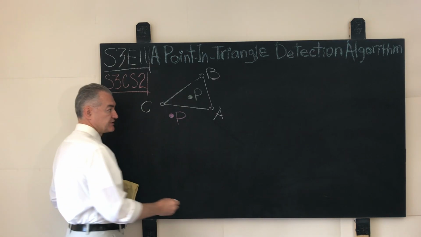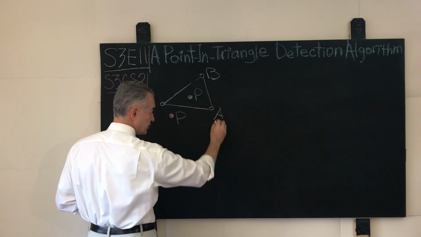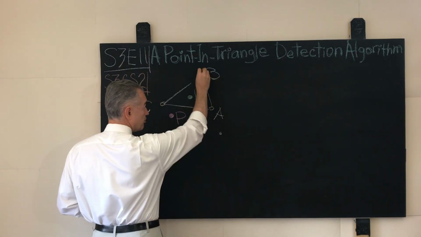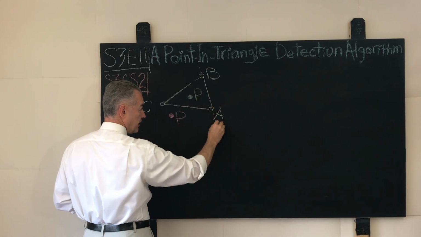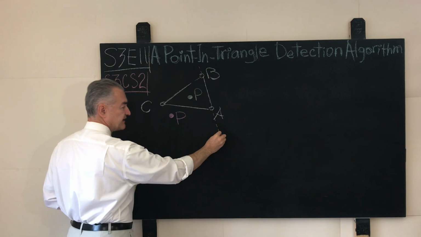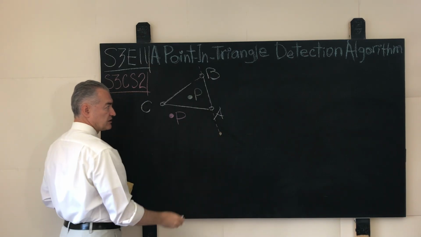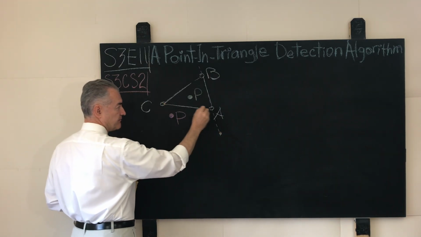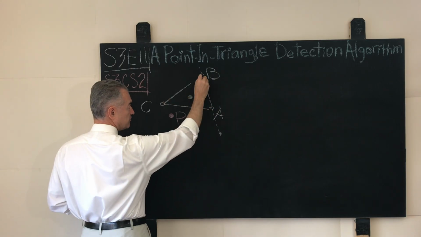For example, let's say our point is collinear with a straight line that passes through the points A and B, and in that case that point will be not collinear with the straight lines that pass through the points C and A and C and B.